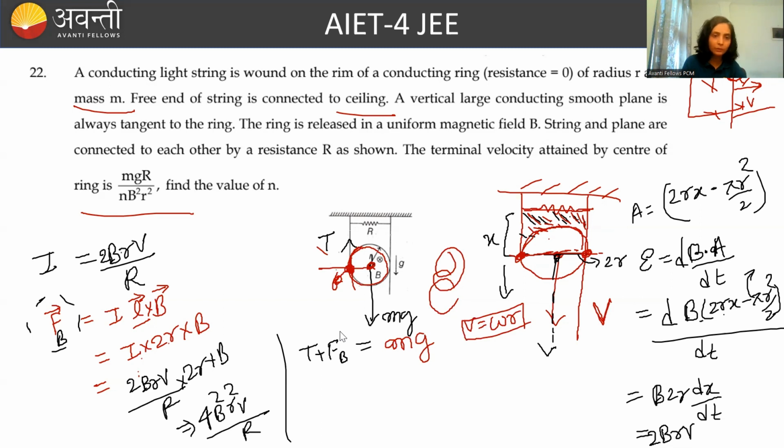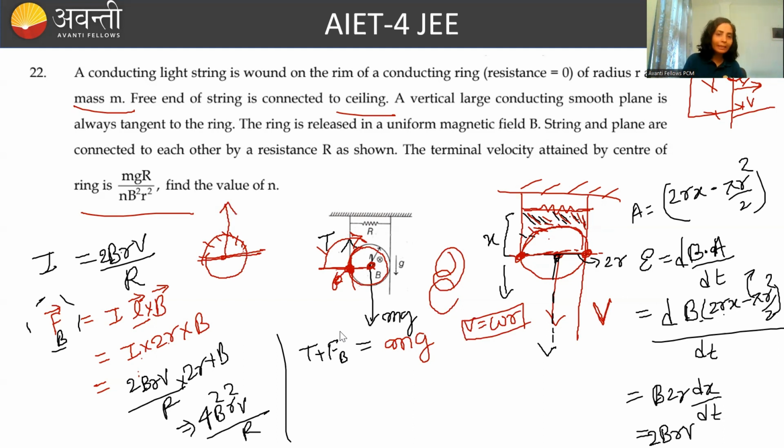Sorry, what will you write for the torque of tension force here? R cross T. And what will be the direction of magnetic force? Magnetic force is acting on this ring because of this length. If you consider this length, the magnetic force will act along the center because this length is symmetrically distributed around the center.